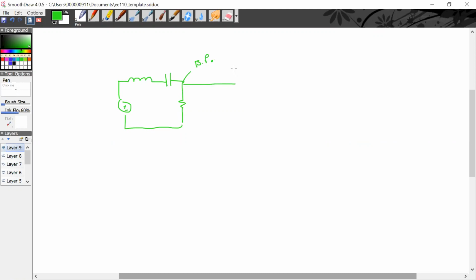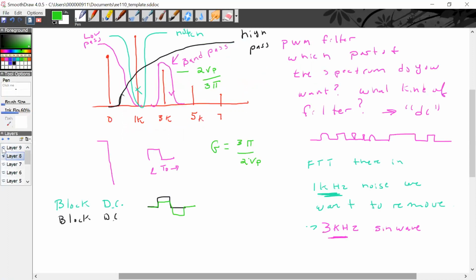Then I could put that into an op amp, with gain 1 plus R2 over R1, equal to 3 pi divided by 2.